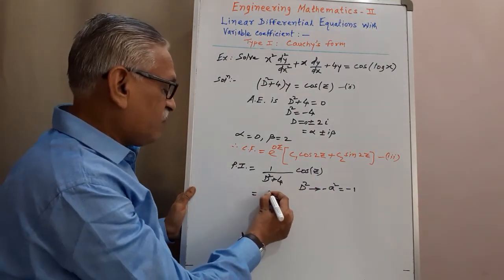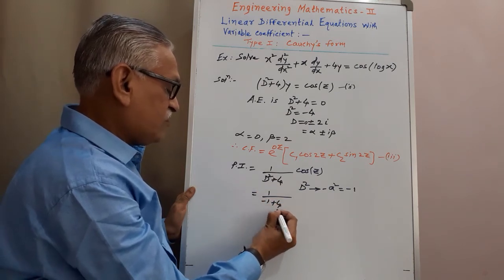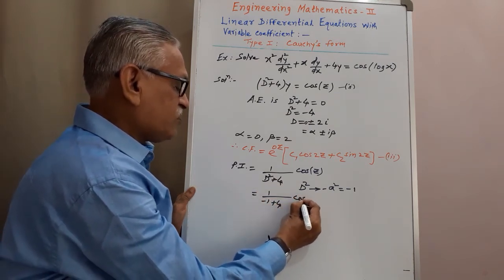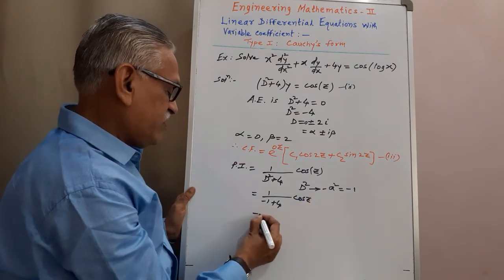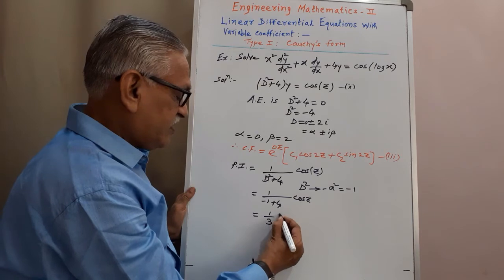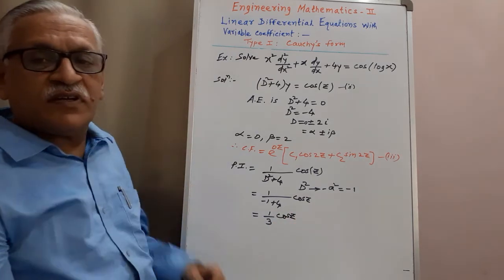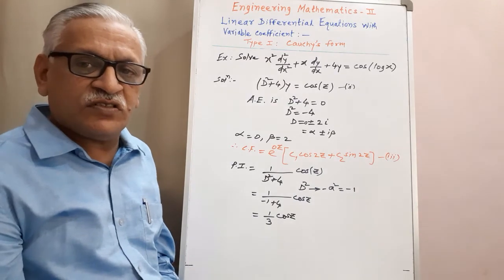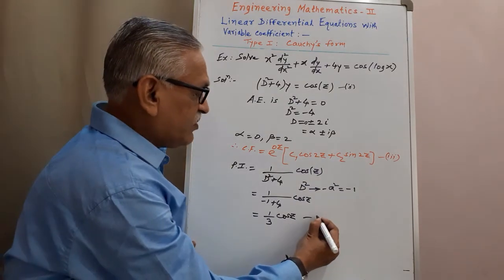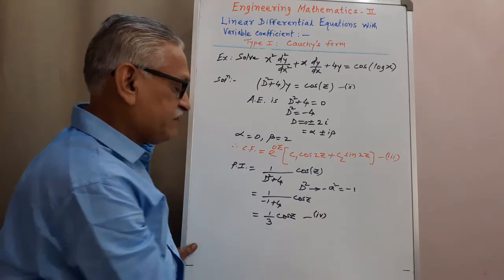We get 1 upon minus 1 plus 4 operated on cos z. We get 4 minus 1 as 1 by 3 into cos of z. The term in the denominator is non-zero, therefore we stop here and we call it equation number 4, the PI.